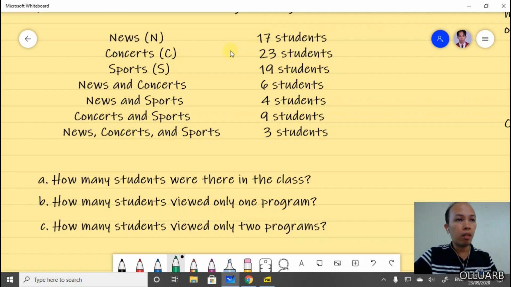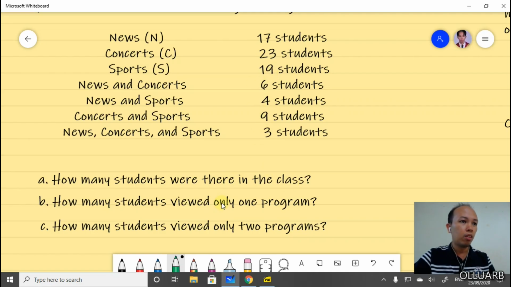However, if again that student were asked if she watches concerts, then that student also belongs to these 23 students. So she or he may be counted twice, or maybe thrice, because he or she watches all the TV programs. So for letter A, it is not logical to add all these numbers to determine the right number of students in the whole class.